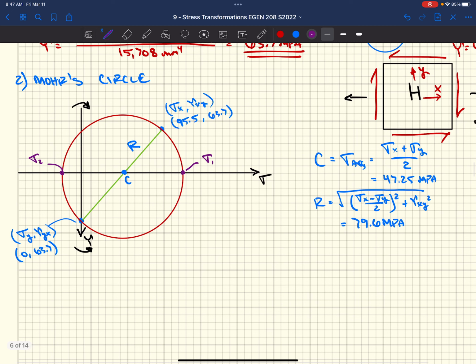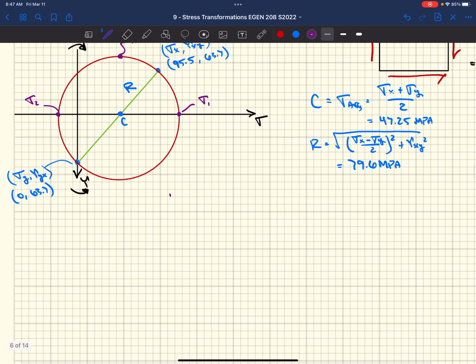Our maximum shear stress is the top and bottom of the circle, so we have our tau max. That's pretty easy to figure out now. If we know the center, we can figure out sigma 1 and sigma 2. It's just the center plus the radius and the center minus the radius. Tau max is really simple. It's just the radius. It's always just going to be the radius.